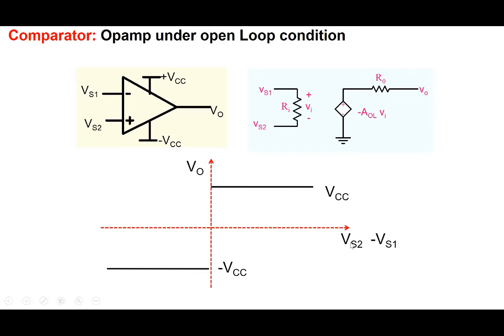We are comparing the two voltages VS2 and VS1, and the moment VS2 exceeds VS1 by maybe a few microvolts, because of the very high gain, the output will saturate. And by looking at the output, you can immediately tell whether VS1 is larger than VS2 or VS2 is larger than VS1.